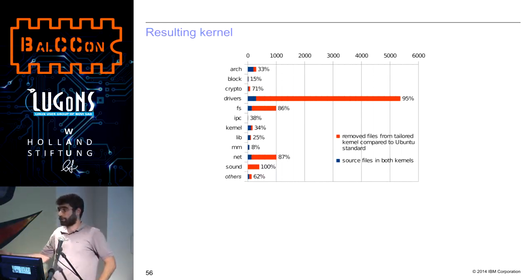So you'll see that, for example, in drivers, you have a 95% reduction in the number of source files that you end up compiling. And that's very nice, but as I said before, it's not because we remove source files that we are really doing a lot of useful work in terms of security, because it might be that those drivers are simply never loaded at runtime because you don't have the hardware for it.